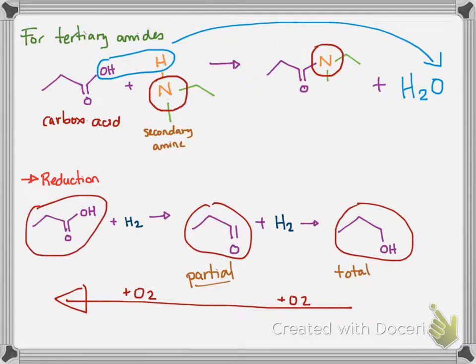Reduction is the opposite. I start with the carboxylic acid, I add hydrogen to get the aldehyde, and then I add more hydrogen to get the primary alcohol. When I stop in the aldehyde, it is partial reduction. When I go to the alcohol, it is total reduction.